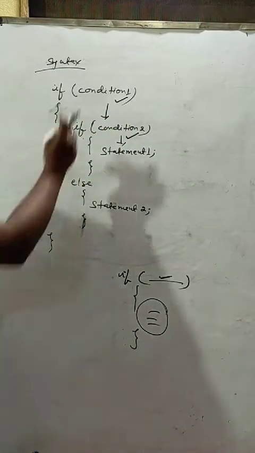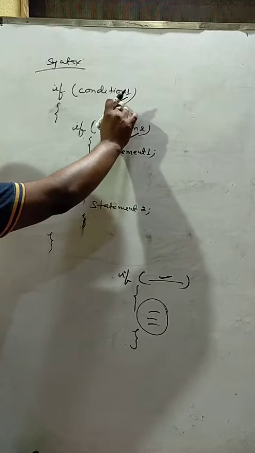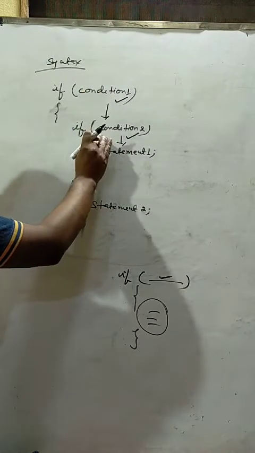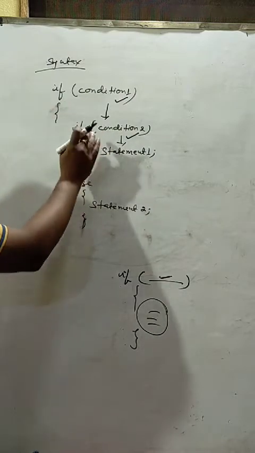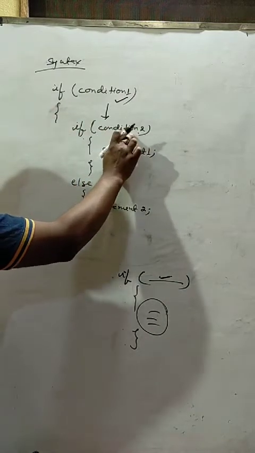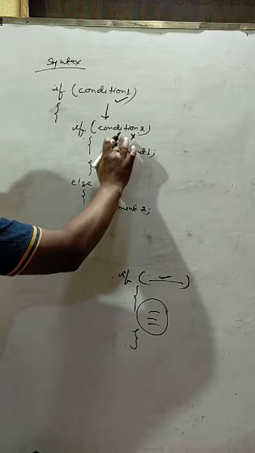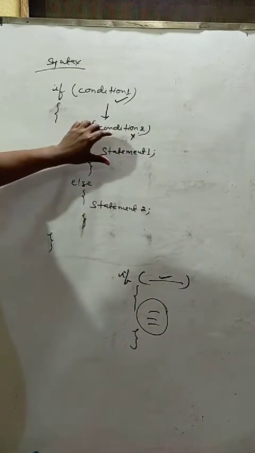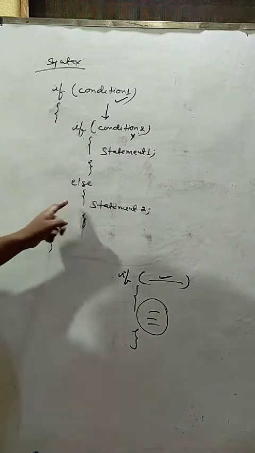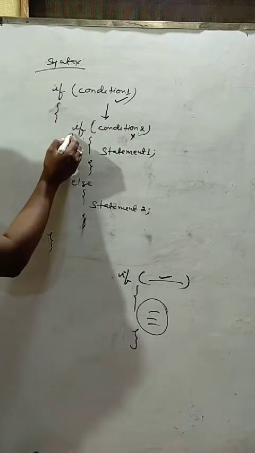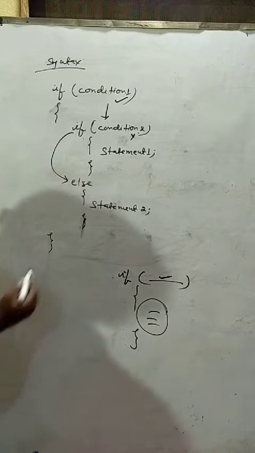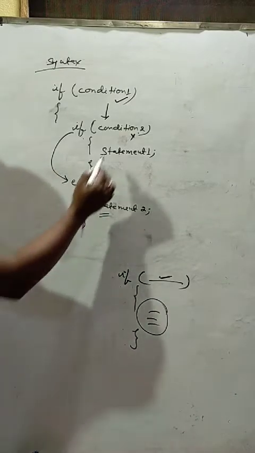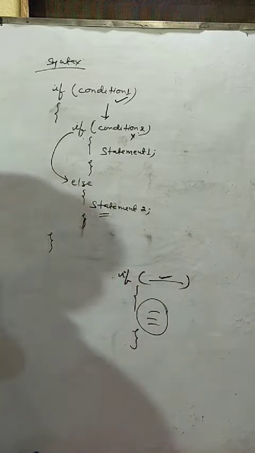Next, condition 1 will be checked, and if it evaluates to true, control moves inside the if statement. If condition 2 is found false, then the control moves to the else statement, and inside the else is statement 2. So if condition 2 is false, statement 2 will be executed.